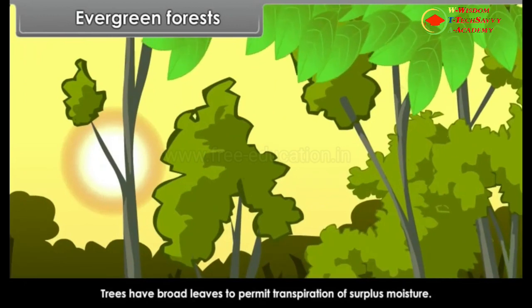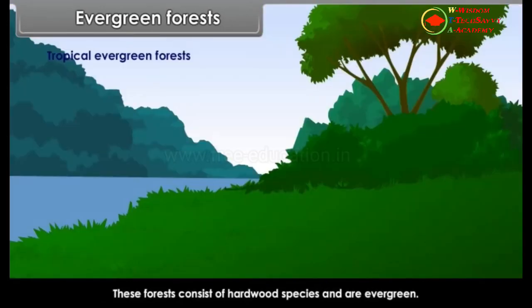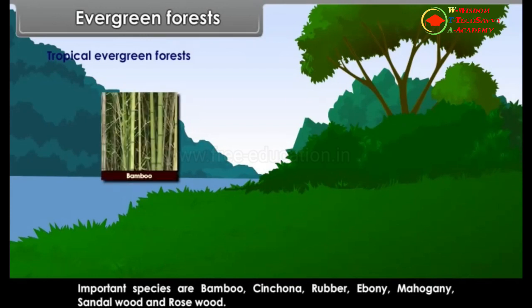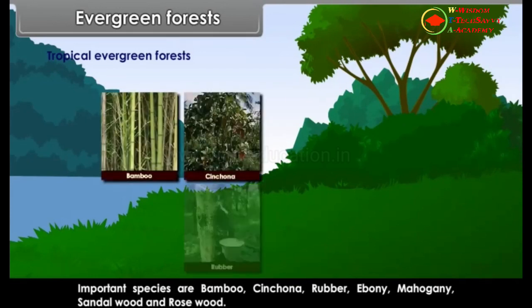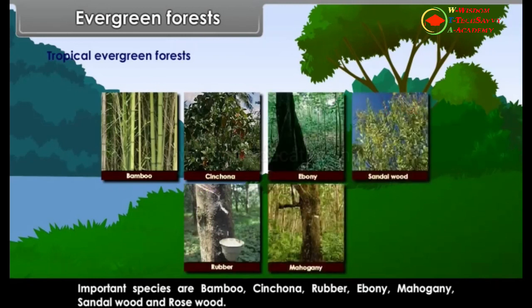Trees have broad leaves to permit transpiration of surplus moisture. These forests consist of hardwood species and are evergreen. Important species are bamboo, cinchona, rubber, ebony, mahogany, sandalwood, and rosewood.